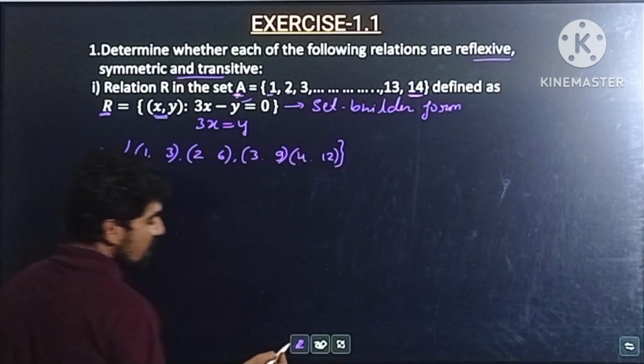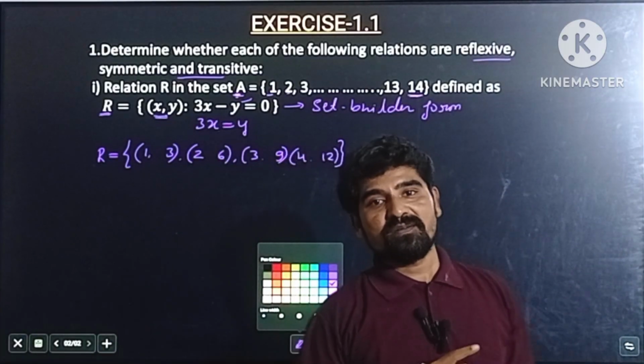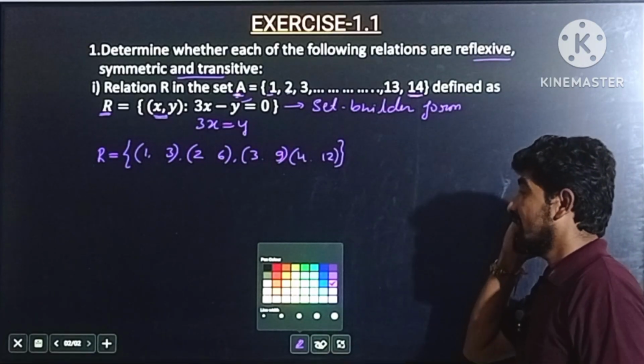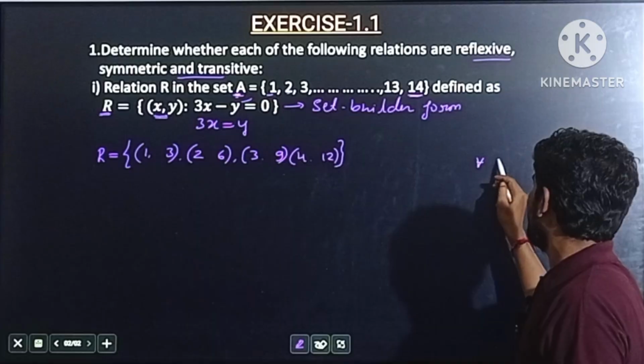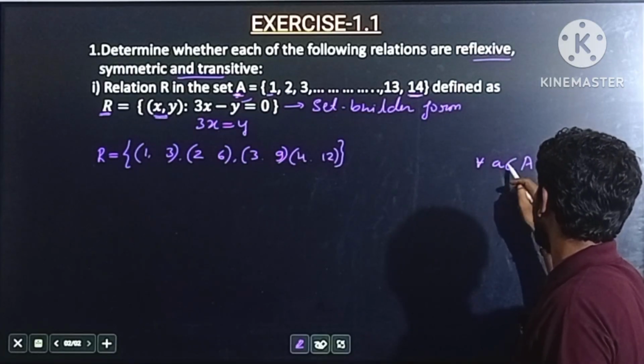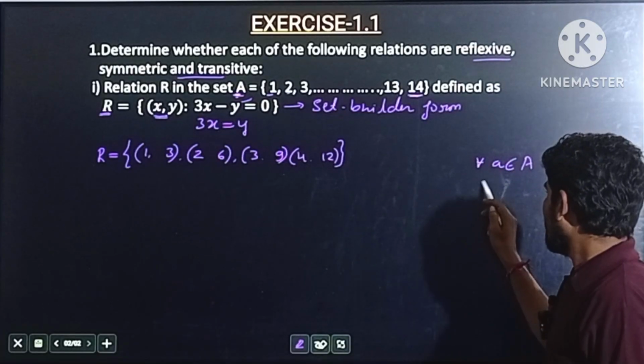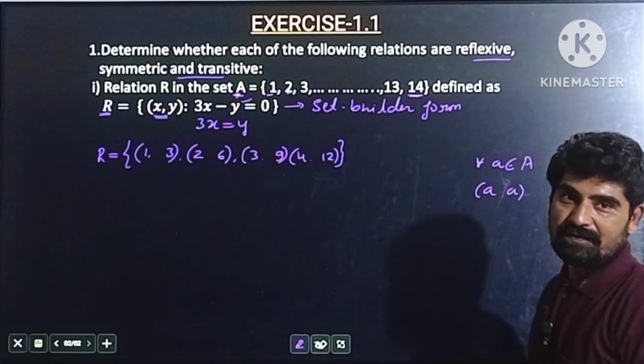Now observe here. I already discussed in the introduction part of the exercise that a reflexive relation means that all elements existing in the set A, or the defined set, must be related to themselves.